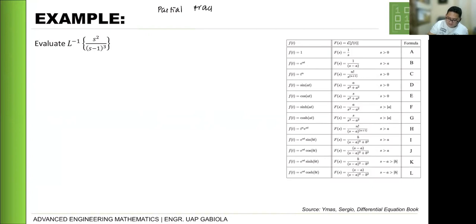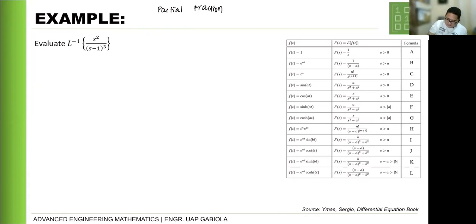Okay? So I have a recording of this one in my channel. So if you want to check it out to learn how to calculate numbers using partial fraction, ako na lang din, i-include ko yung kanyang link so that you can review yung partial fraction.